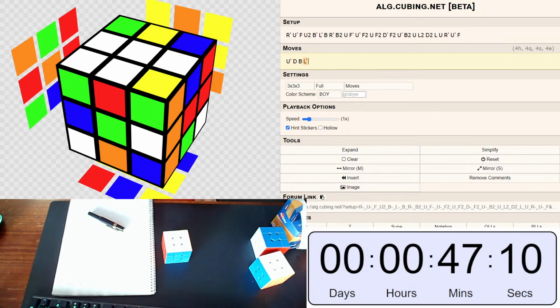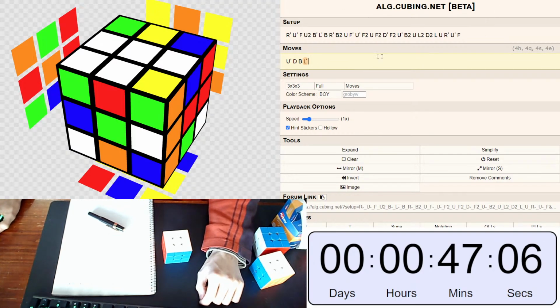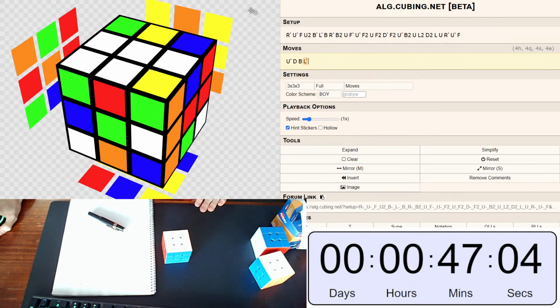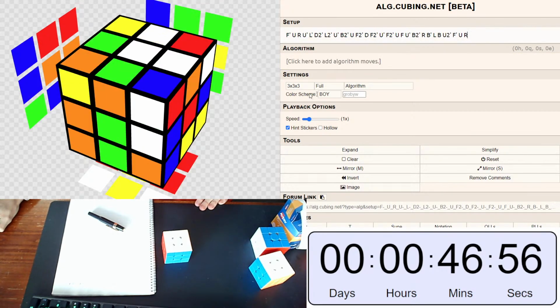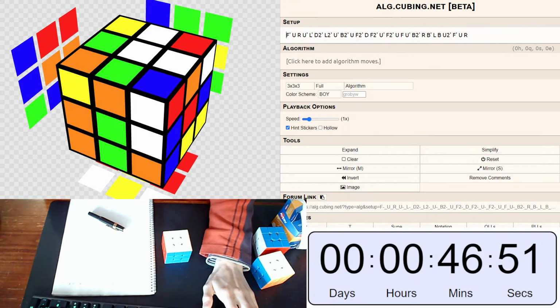So what I'm going to do now is I'm going to switch to the inverse scramble. So the way I do that is I have these U prime D B L prime as I've done on the normal scramble. I'm going to go over to the inverse scramble, and before the scramble I'm going to do those backwards.